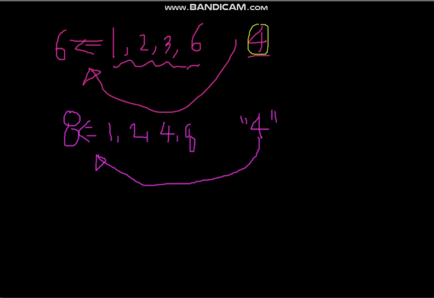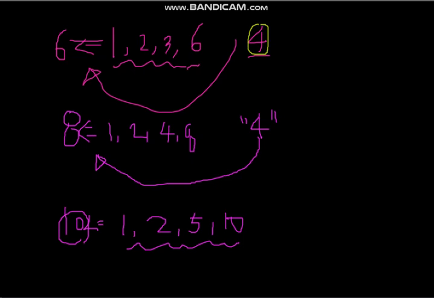And then what about 10? For 10 we have 1, 2, 5, 10 that divide 10 exactly. So there are also 4 factors. But what about a number like 3? Then we have 1 and 3.